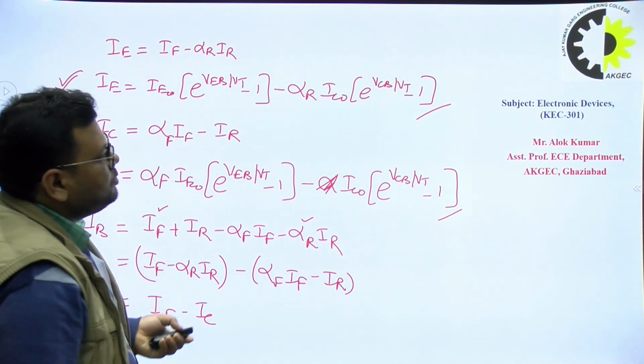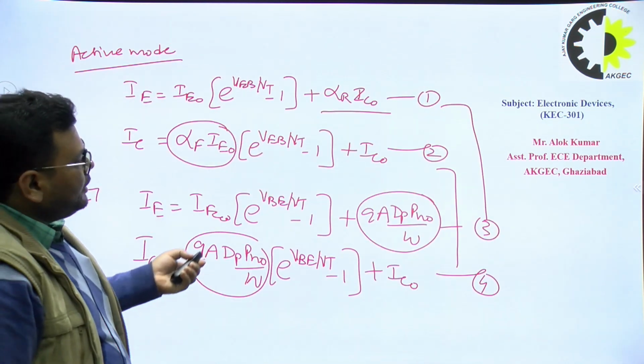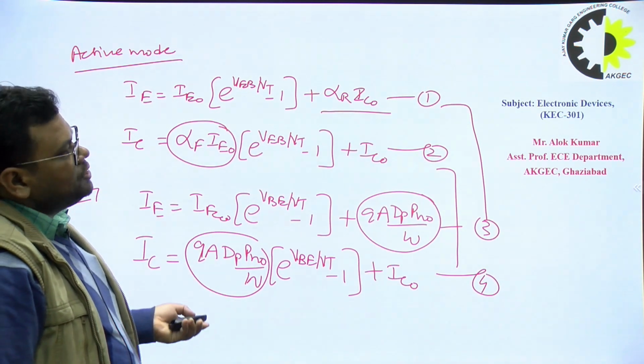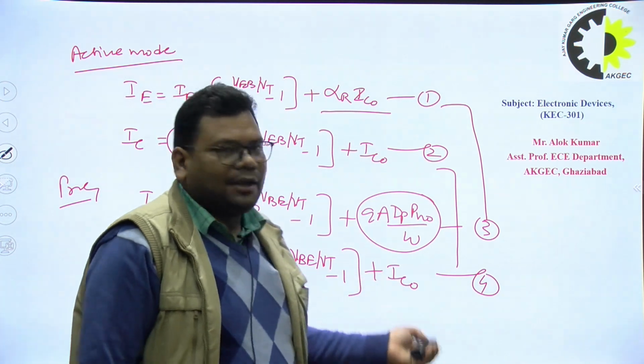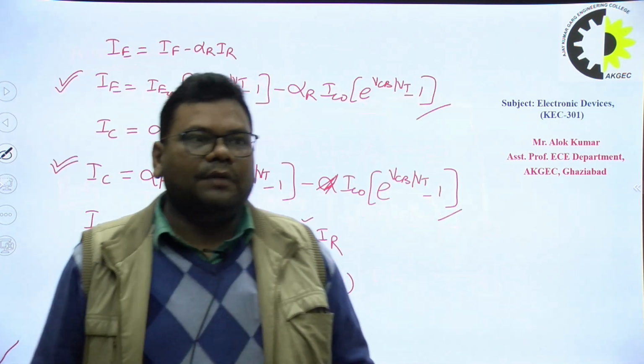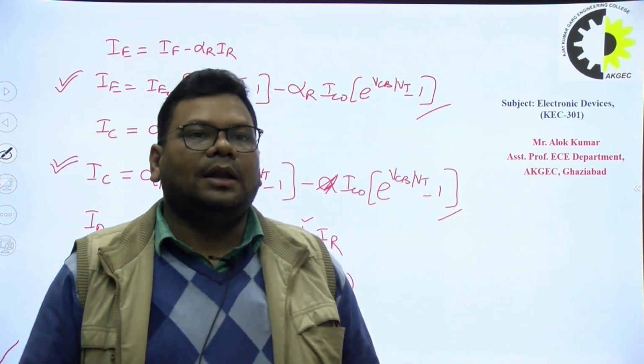So this is the Ebers Moll model, and we have written these equations for the active region or active mode. This is the way we can analyze the Ebers Moll model.